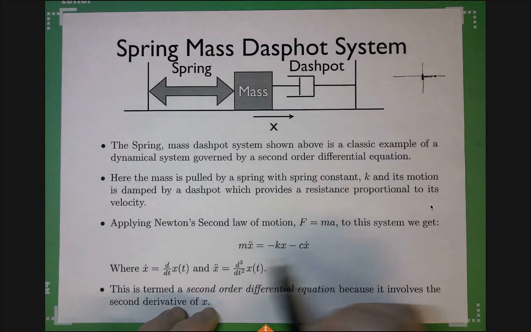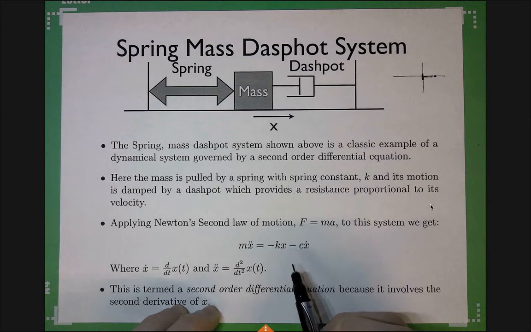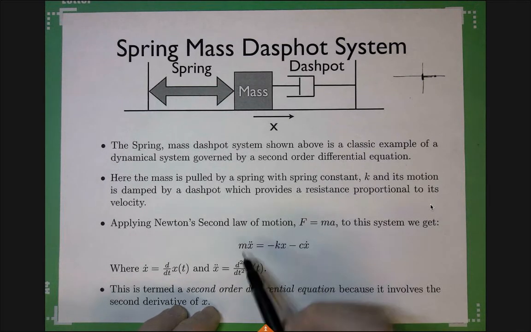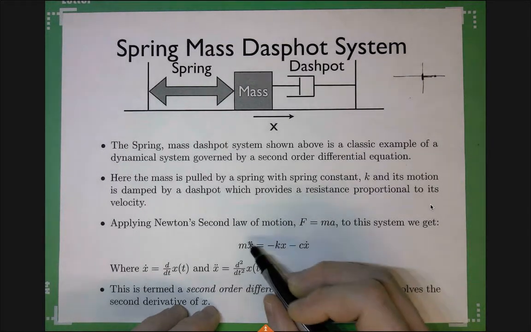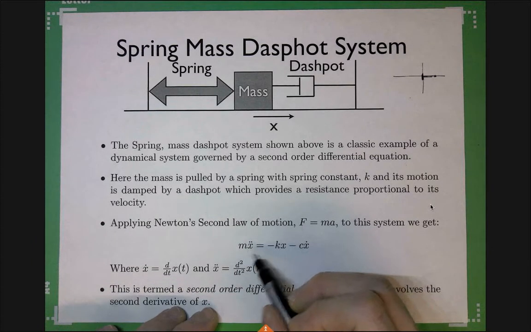So maybe it makes more sense from this equation. This is the equation of motion for this damped harmonic oscillator. The double dot means twice differentiated with respect to time.